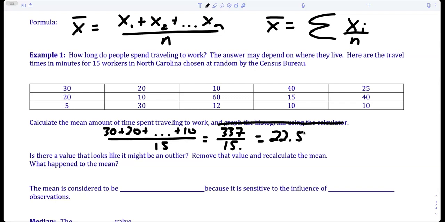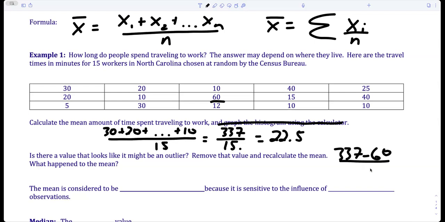Is there a value that looks like it might be an outlier? Maybe, right? At 60, some person has to travel an hour to work, right? This says remove that value and recalculate the mean and what happened to the mean. So look, we're gonna do 337 minus 60. And then we're going to divide that by 14, right?